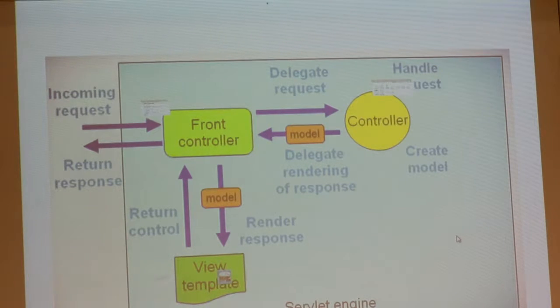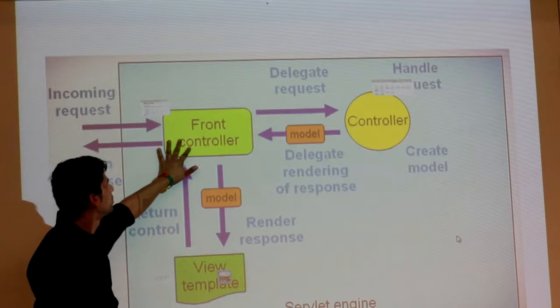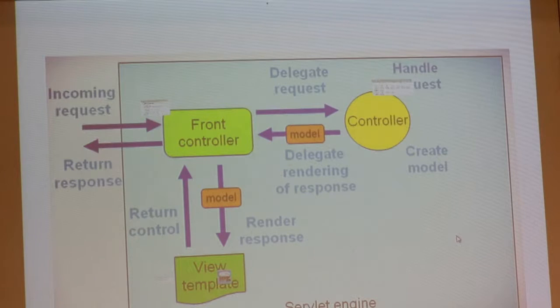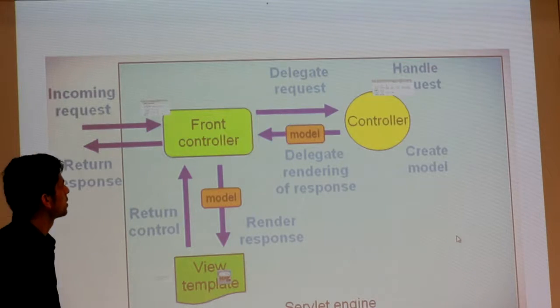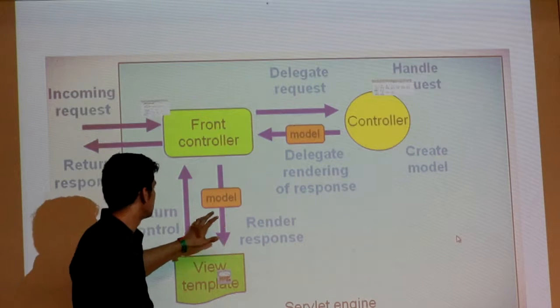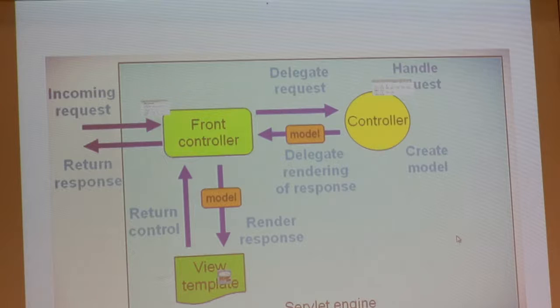We have incoming requests, and the request will first be handled by the front controller, or let's say the controller, and then once the controller processes the request and has the output, it will return the model and the view, and that will be returned to the client by the front controller.